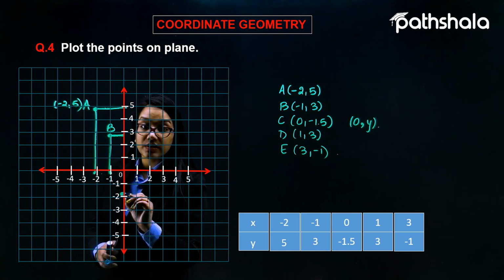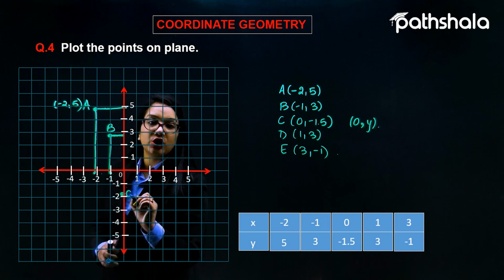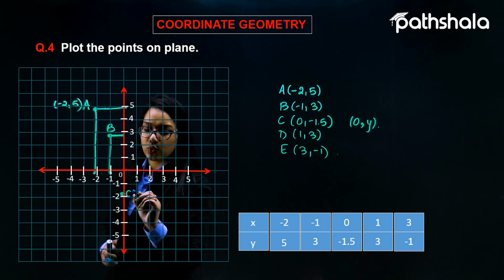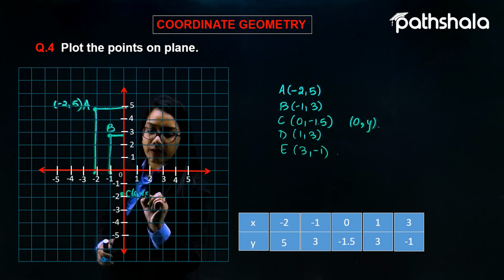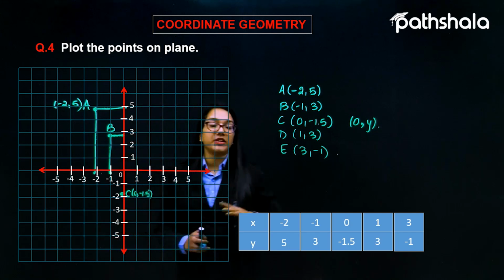Let us suppose this is my -1.5. I'm calling it C. This is my point C, having the coordinates 0 comma -1.5.